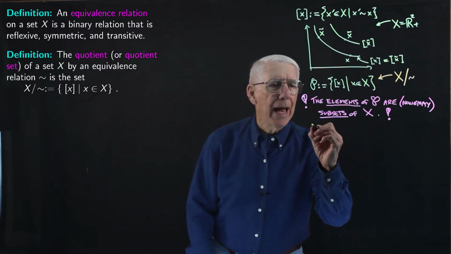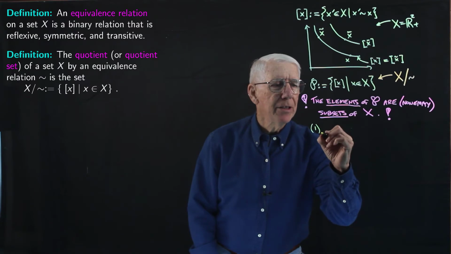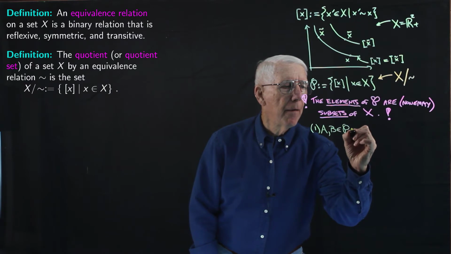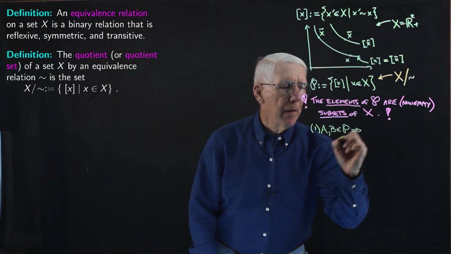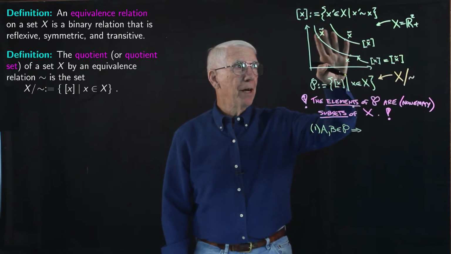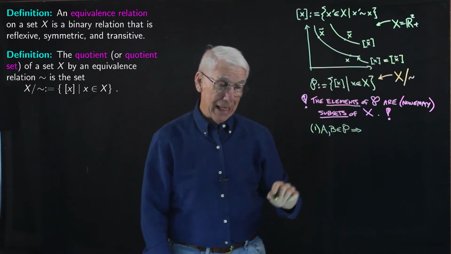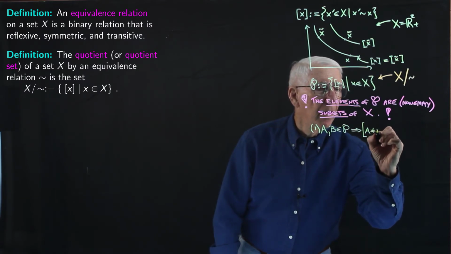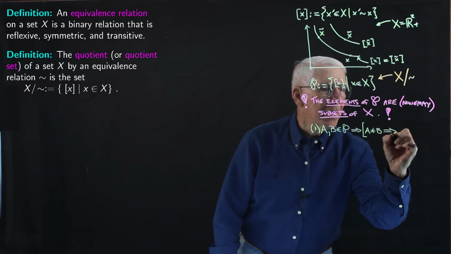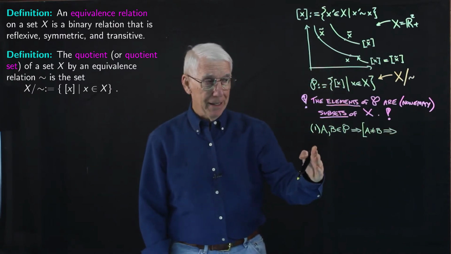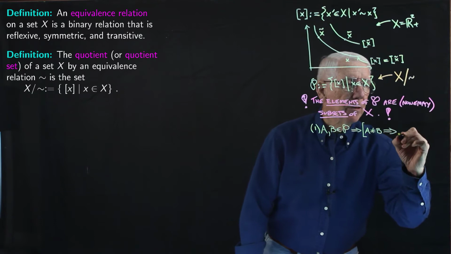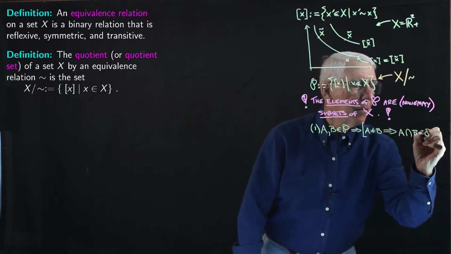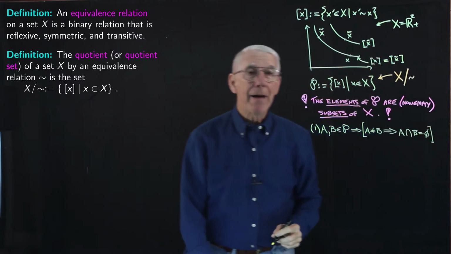One is that if we have any two elements of P, any two subsets of capital X that are elements of P, then if they really are two sets, that is, they're distinct, they have to be disjoint.